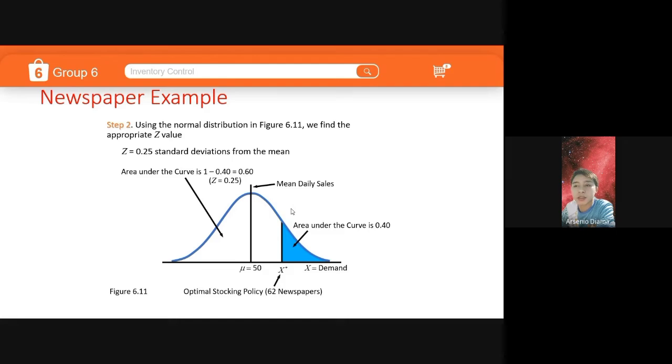So in the illustration, 0.60 is the area under the curve, both left and right side. There is a right side. The right side is colored blue, and it comes first, the Z value.